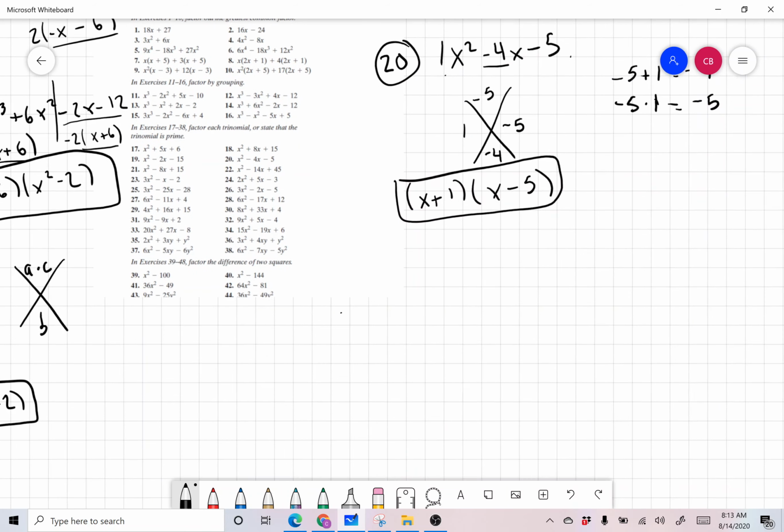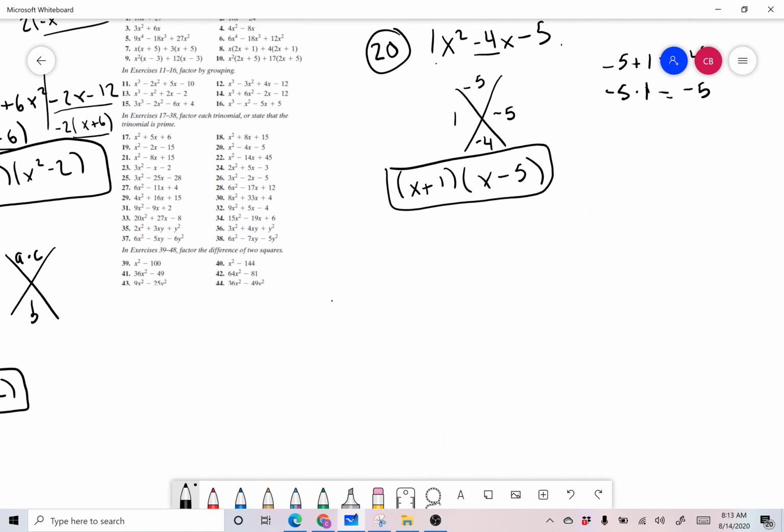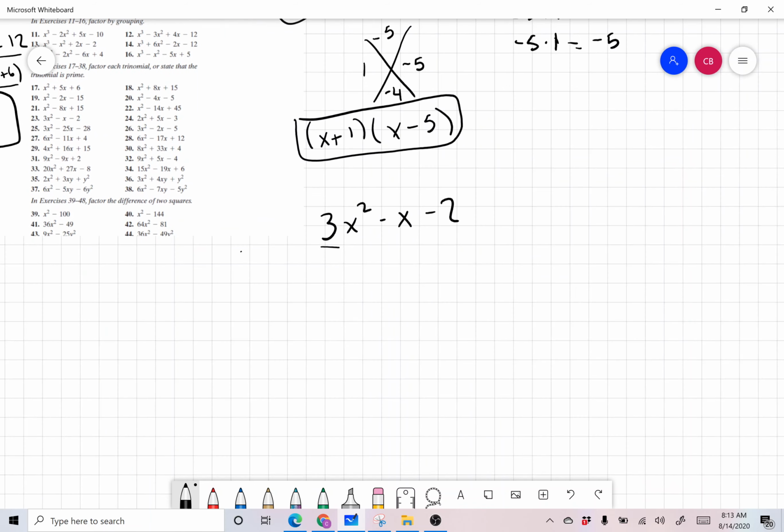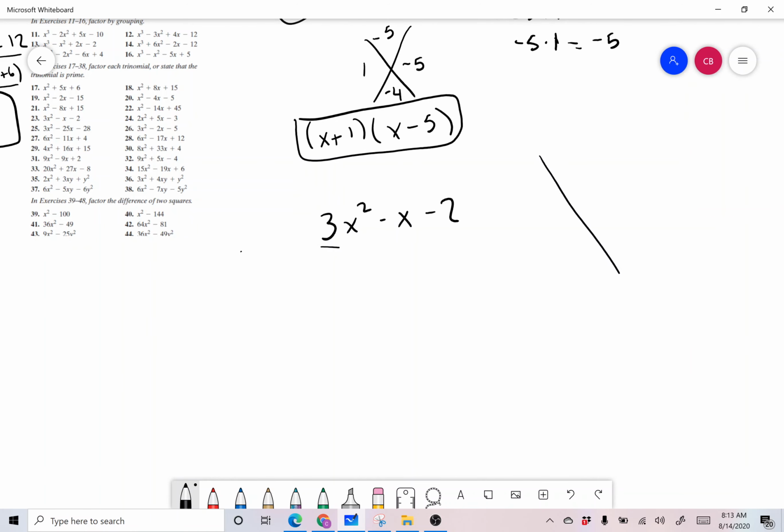The next method I'm going to show you is called the Snowflake method, which you do when you have a coefficient in the front that is not 1. These are 1 because there's nothing there. This is a 3. So the Snowflake method looks like this instead of the other one.